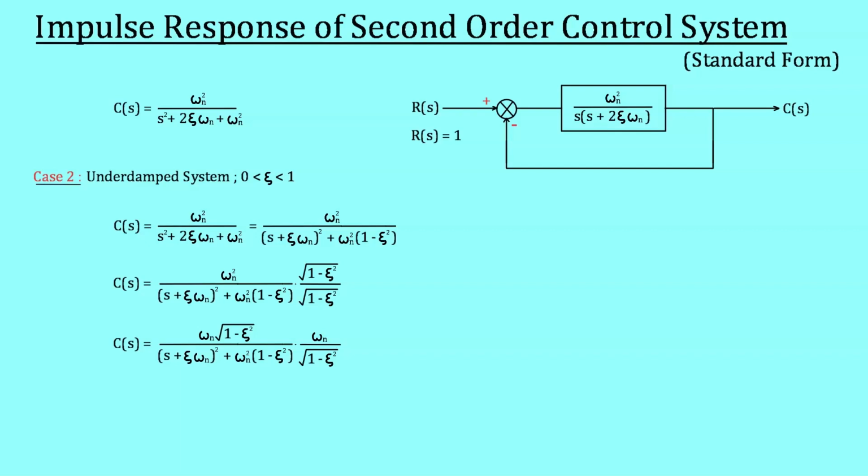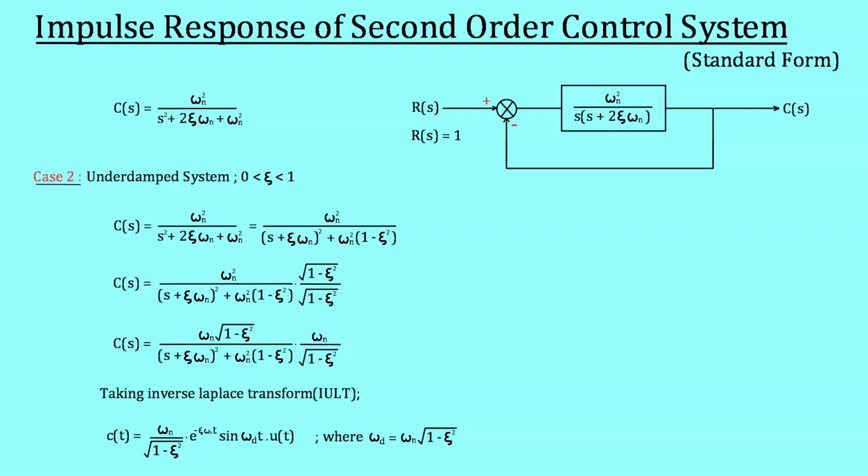After a little bit of rearrangement and taking inverse Laplace transform, we will get the output signal in time domain to be equal to omega n divided by under root of 1 minus zeta square, multiplied by Euler's number raised to the exponential minus zeta omega n t, multiplied by sine of damped frequency multiplied by time t. The whole expression is multiplied by unit step signal. In this case, the oscillations will be damped and the output profile will eventually die out to 0.